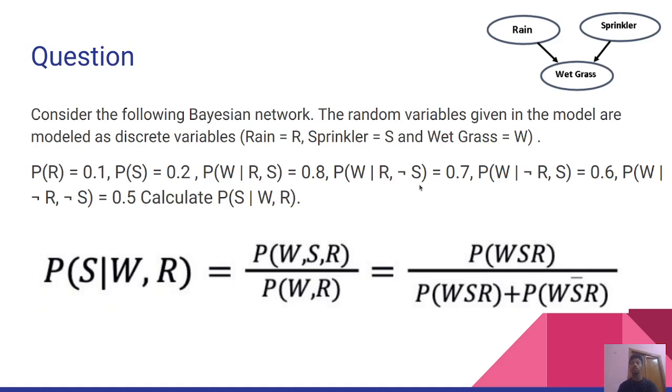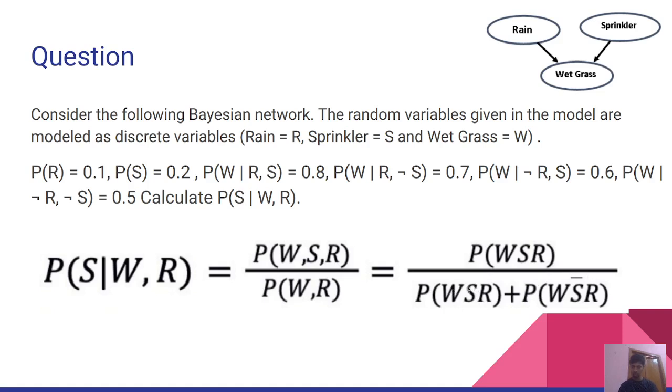Basically, in this case, since these values are not available, we are introducing another variable S, and because S is not part of this equation, we are summing over all the values of S. So what is the probability of S and what is the probability of S prime.